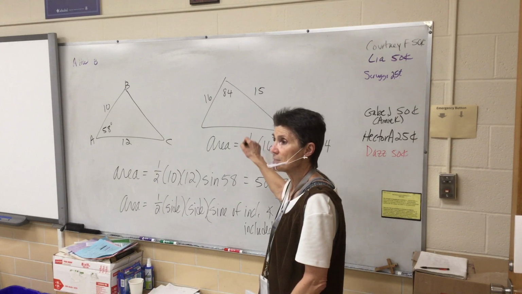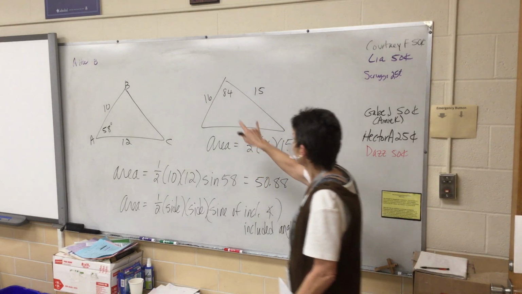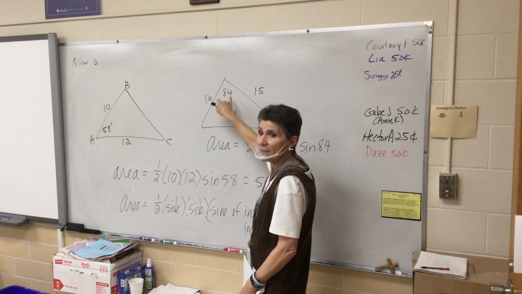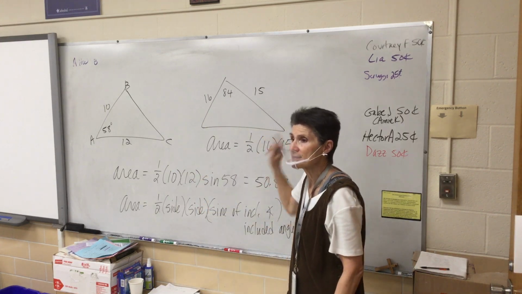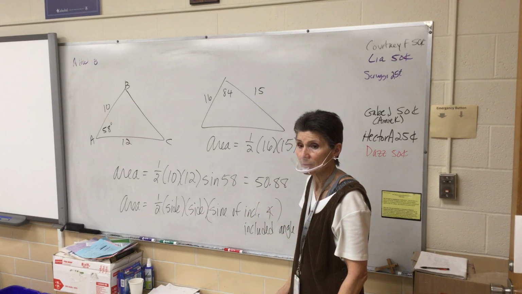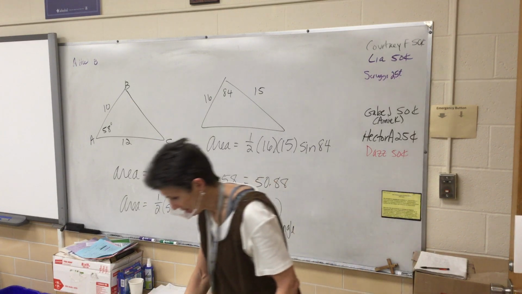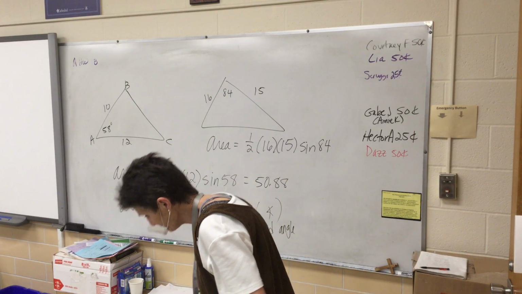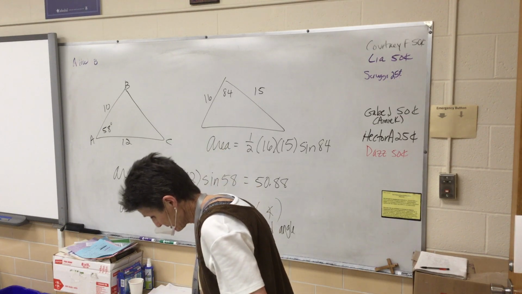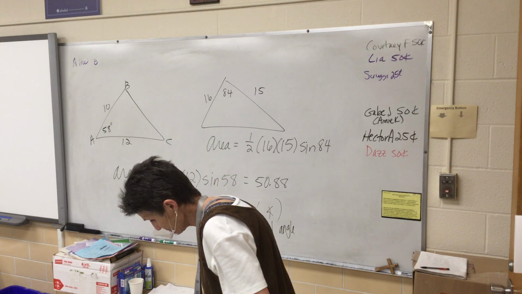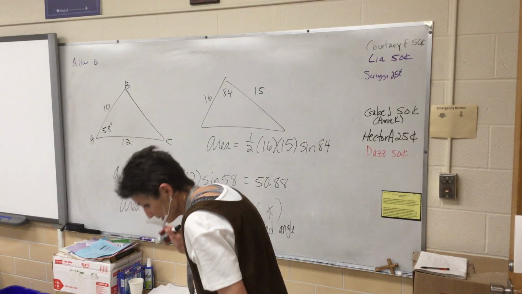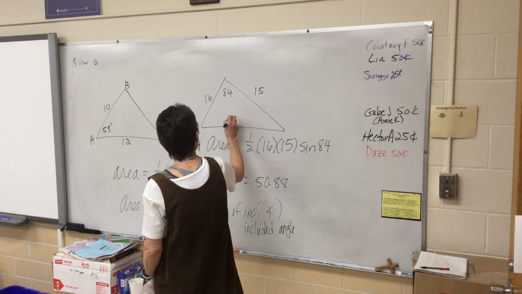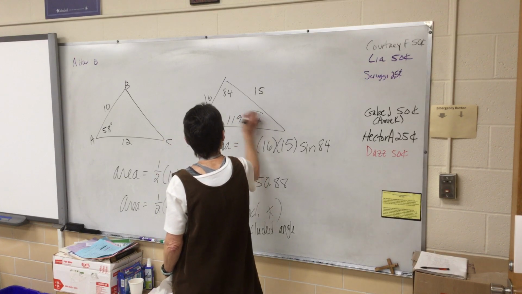When you use this formula, you have to have 2 sides and the angle between, so in the language Jaden was using before, side angle side. So what's the area there? Last one, 0.5 times 16 times 15 times sine 84. What'd you say it was? 119.34. Yep, 119.34 is the area for that one.